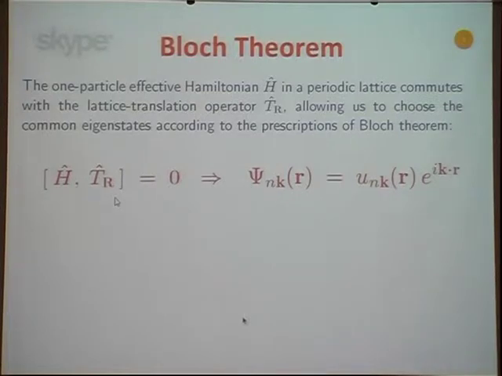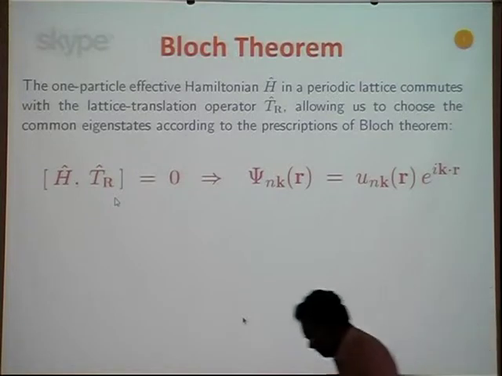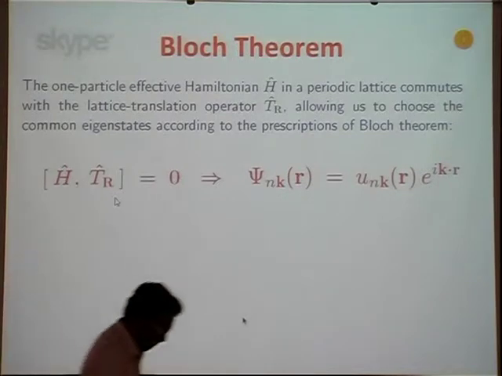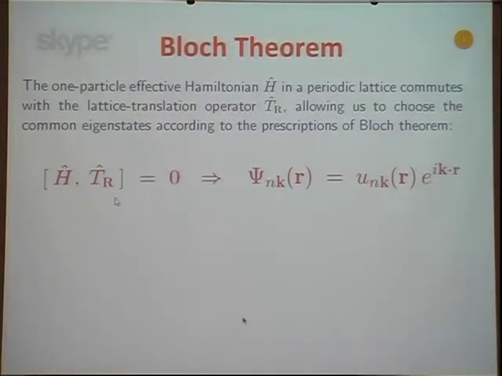So when the Hamiltonian commutes with the lattice translation, because it's periodic, we have the freedom to choose a very useful form for the eigenvectors of that periodic Hamiltonian, that we label psi with two quantum numbers, a continuous quantum number k and a discrete quantum number n, and we call n the band index and k the quasi-momentum.